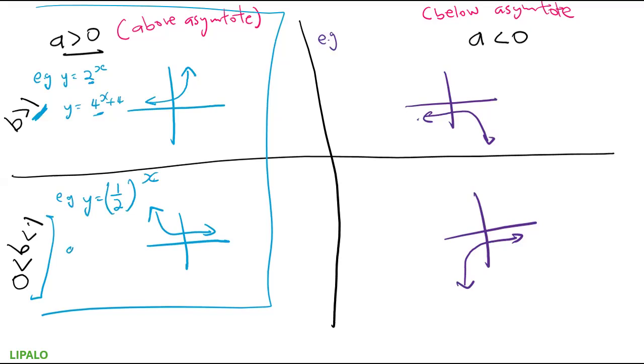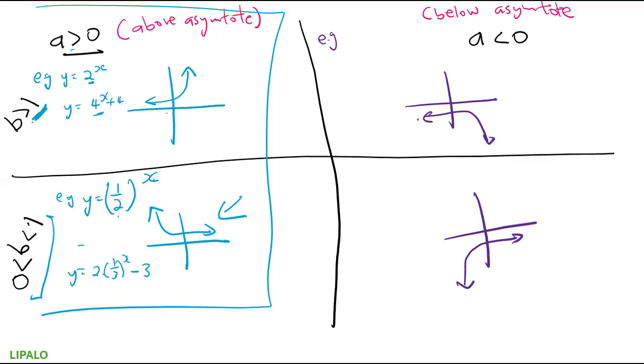A, of course, is invisible there. Y is equal to 2 times, let's say, 1 over 3 exponent x. Ignore this 3. All you focus on is that a is positive and b is a fraction. So these types of graphs have this shape. These ones, where a is positive and b is a whole number greater than 1, this is what you have.